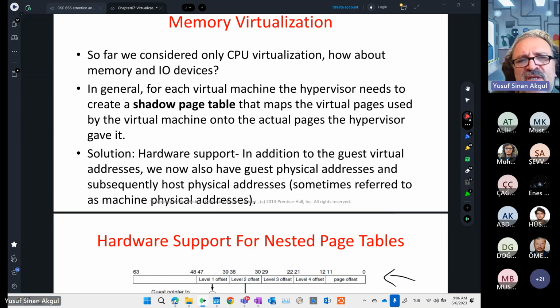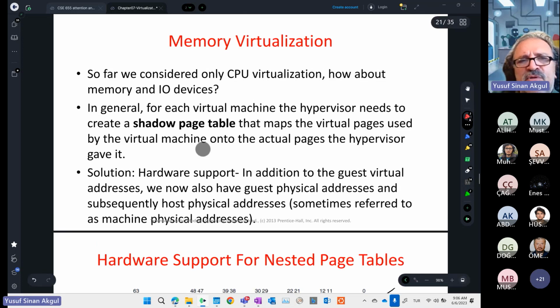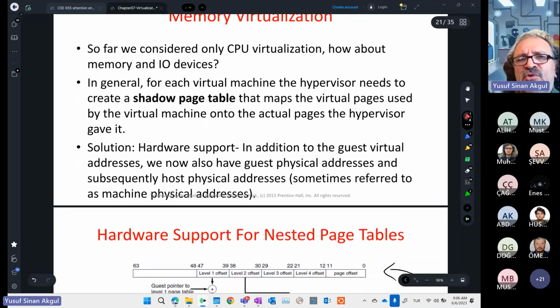So for each virtual machine, the hypervisor creates a shadow page table. A shadow page table is just a copy of the page table, and it maps the virtual pages used by the virtual machine onto the actual pages the hypervisor gave it.